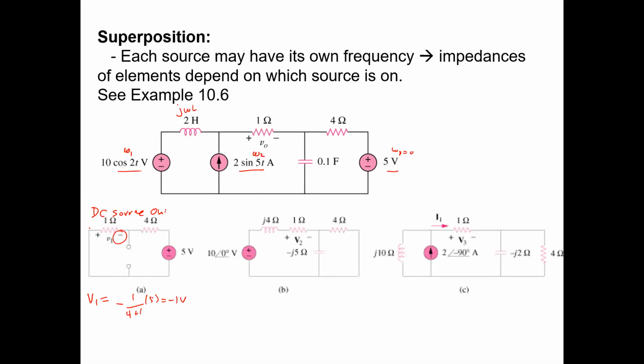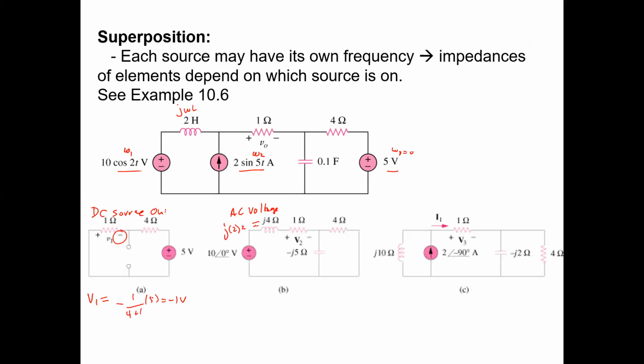With the AC voltage source on, the Phasor transform is 10 angle 0. We also have this 2 Henrys, this J4 is going to be J times 2 times 2. Omega's 2, and the number of Henrys is 2.